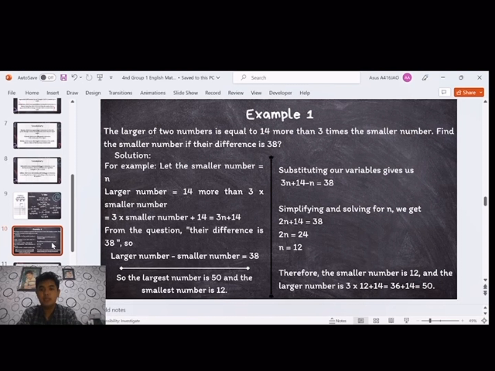Simplifying and solving for n, we get 2n plus 14 equals 38. 2n equals 24 and n equals 12. Therefore, the smaller number is 12 and the larger number is 3 times 12 plus 14, which is 50.